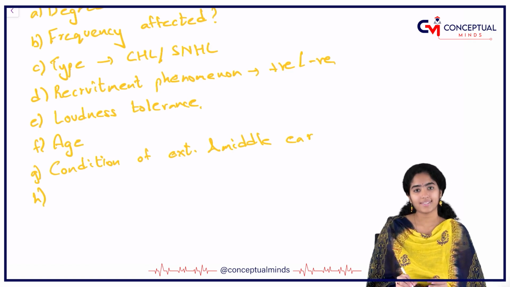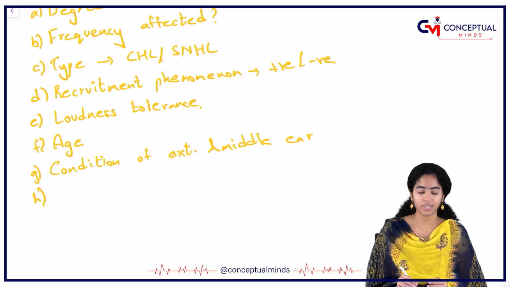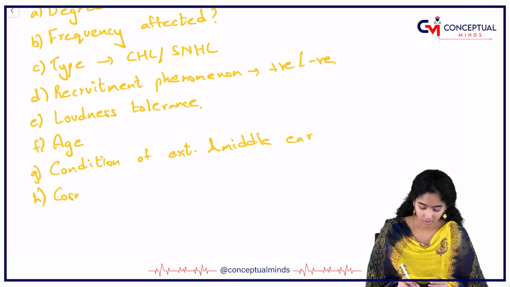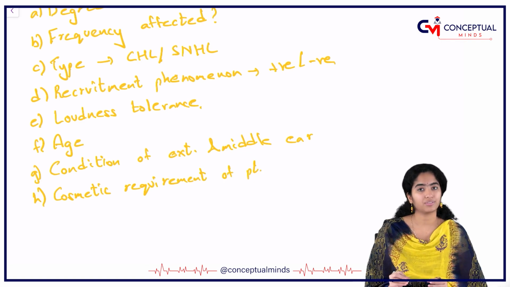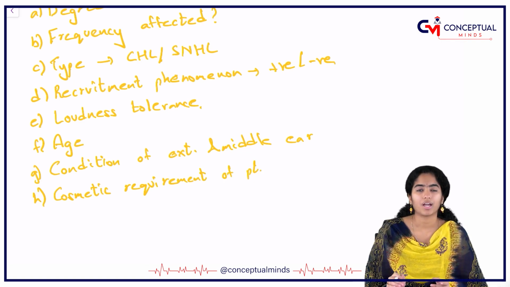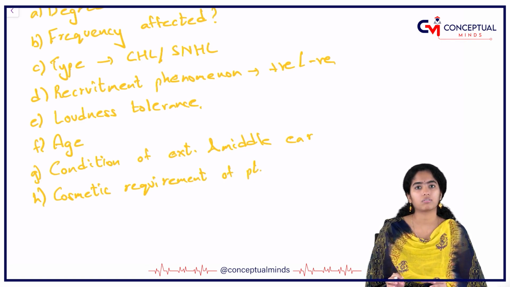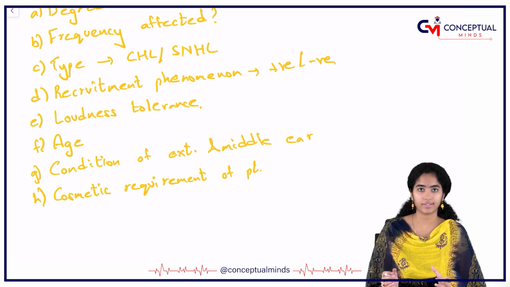Then, what is the cosmetic requirement of the individual? Cosmetic requirement of patient. Now, some people are okay even if their hearing aids are seen, while some people do not want the hearing aid to be seen.